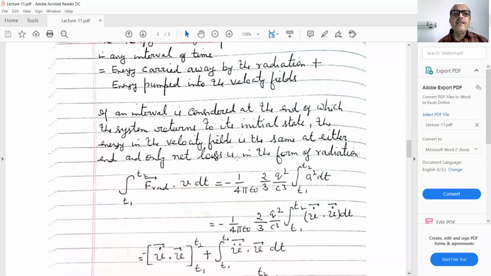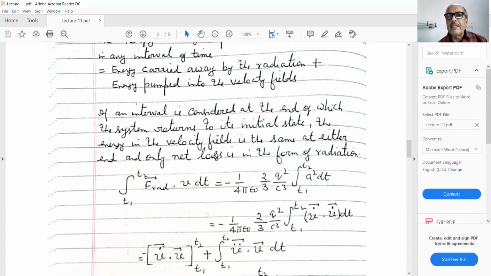If we consider that particular time interval, we can integrate this equation over the time interval t1 to t2. So this becomes the integral from t1 to t2 of F radiation dot velocity vector v into dt, equal to minus 1 upon 4 pi epsilon 0, 2 upon 3, q square upon c cube, integration from t1 to t2 of a square into dt. A is the acceleration, the rate of change of velocity.